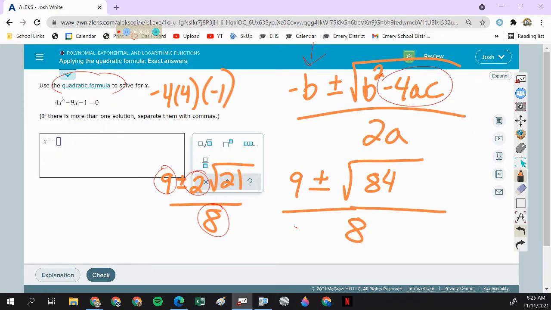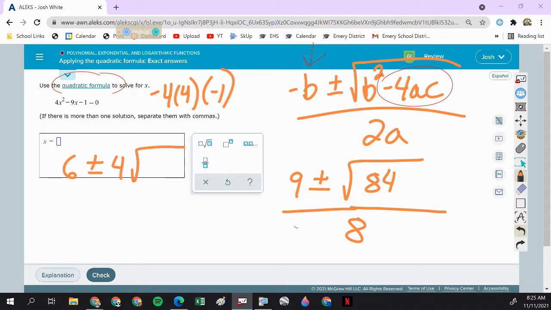But what if I had 6 plus or minus 4 root 10 over 8? So everything in that problem is divisible by 2. But you're not allowed to simplify the inside of the square root with something that's not under a square root.